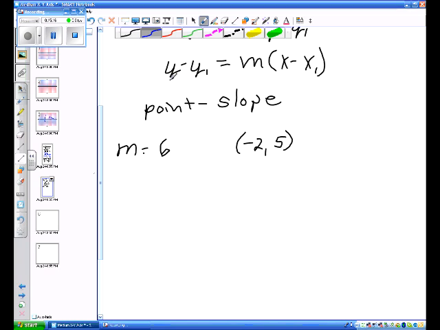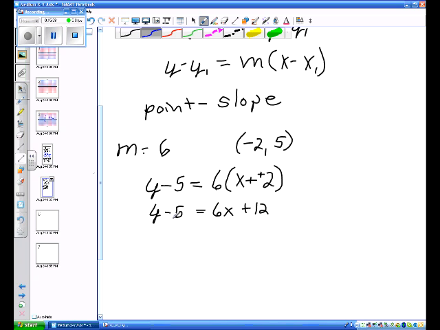As I read this, it's y minus the given y, so I know which y I'm substituting my point for, is equal to the slope times x minus the given x. So we have y minus 5 is equal to 6 times x minus negative 2. Well, we know that minus a negative is the same as a plus, so that is 6x plus 12.